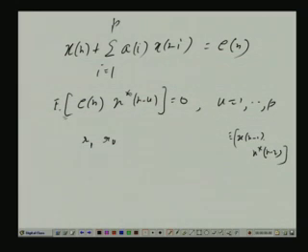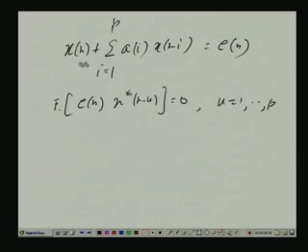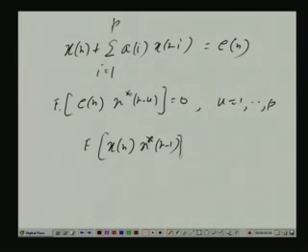So what is the first one? Maybe just take the first one. If you put this expression for E n here, take the first term x n. So x n x star n minus 1, if you take E of that, you obviously get r 1.